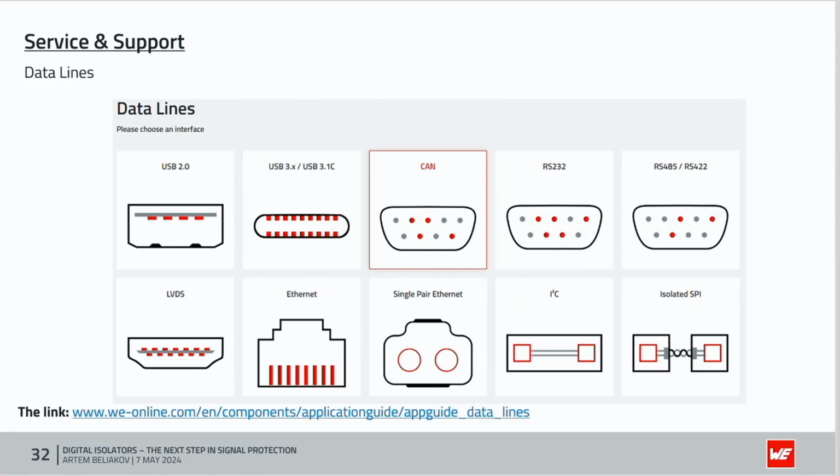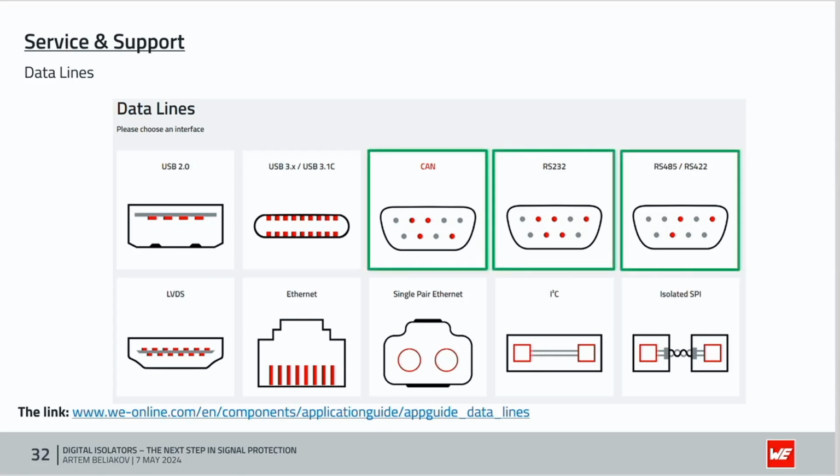If we go inside, you can see the most popular interfaces on the market, for example, USB, CAN, RS, I2C, SPI, LVDS, Ethernet. We have already implemented information about our digital isolators for CAN, RS-232, RS-485, and RS-422 interfaces.